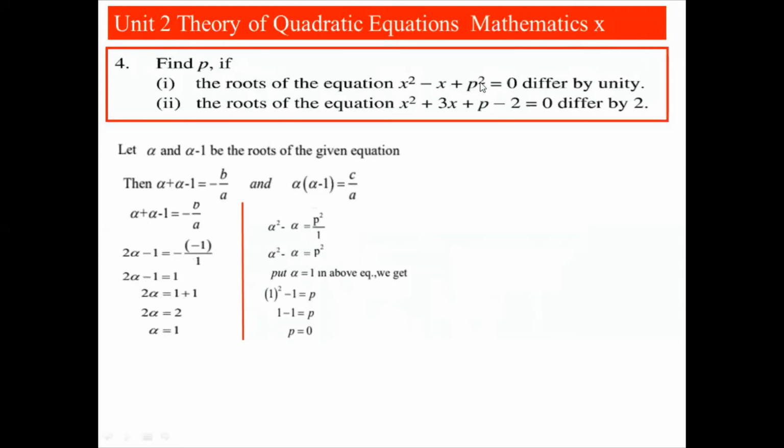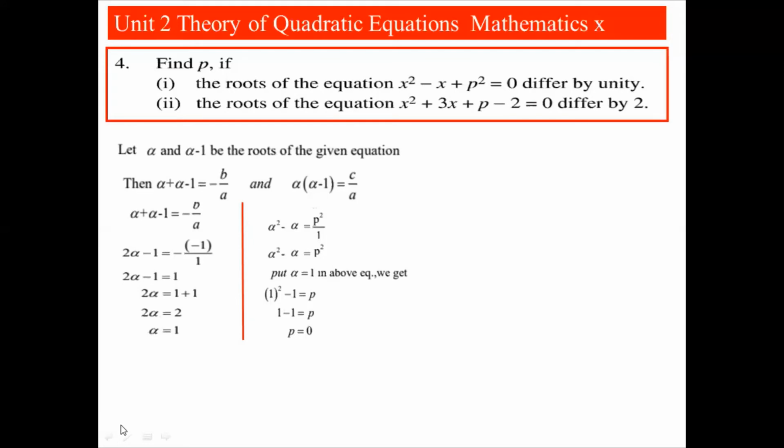Here c is p square and a is 1. We have found that alpha is 1. So replacing alpha is equal to 1 in the above equation, we have 1 square minus 1, and this must be equal to p square.